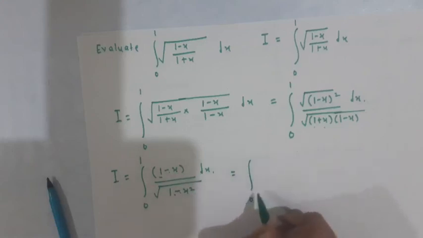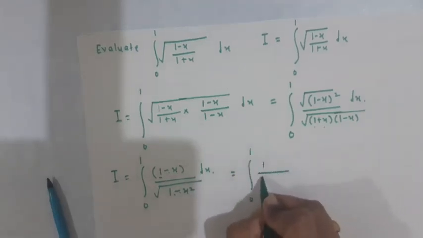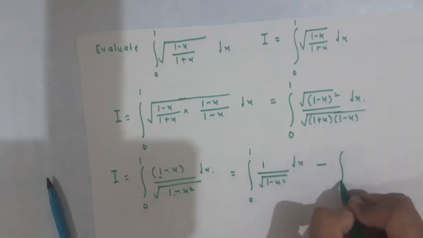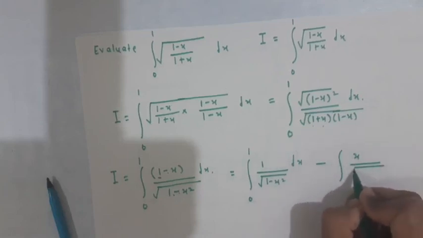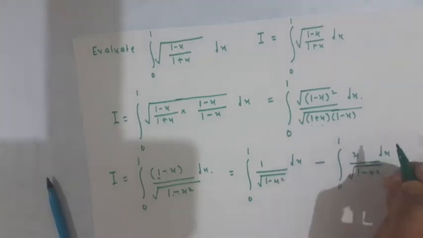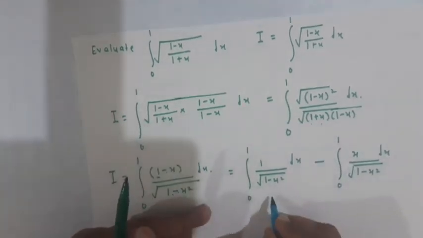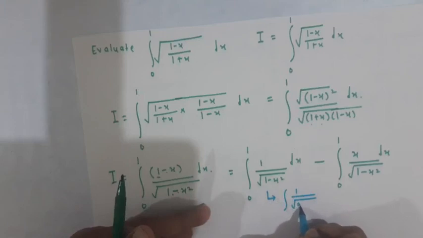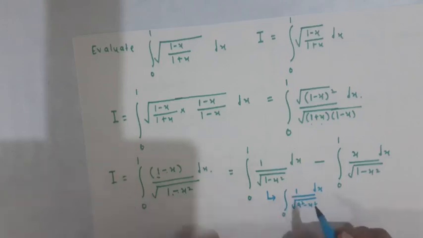Its integration is ∫ from 0 to 1 of 1/√(1 − x²) dx minus ∫ from 0 to 1 of x/√(1 − x²) dx. Students, the first integration is of the type 1/√(a² − x²) dx, and its integration is sine inverse of x/a.